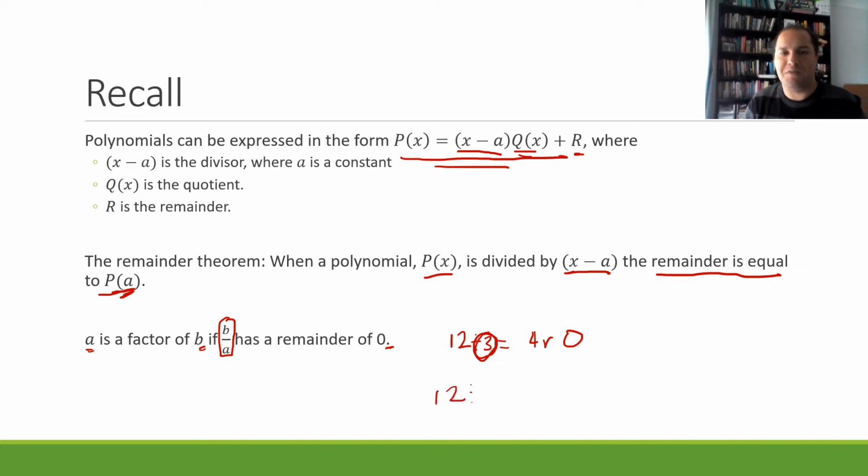If you have 12 divided by 5, that'll be 2 remainder 2. You've got a remainder there, so 5 is not a factor of 12. Something you've done in the past, but just putting some words behind it. If there's a remainder of 0, then a is a factor of b.